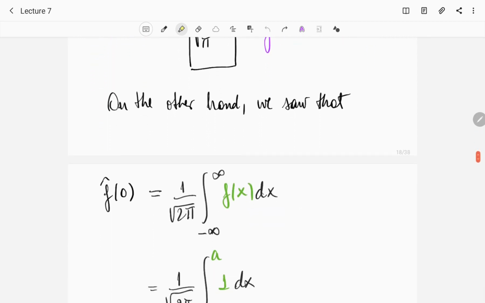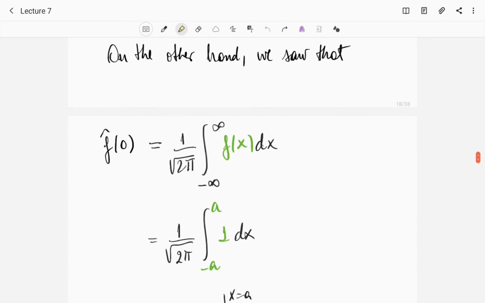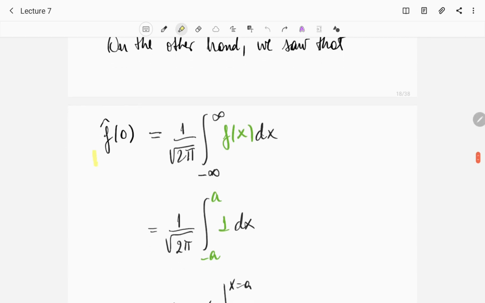On the other hand, we also saw that the Fourier transform of f at 0 is, just by the definition, we have the definition of the Fourier transform, and then we can set omega equal to 0. So the exponential that we have in the definition here turns out to be a 1. So we have this identity.